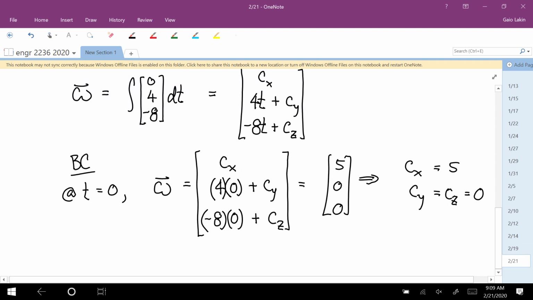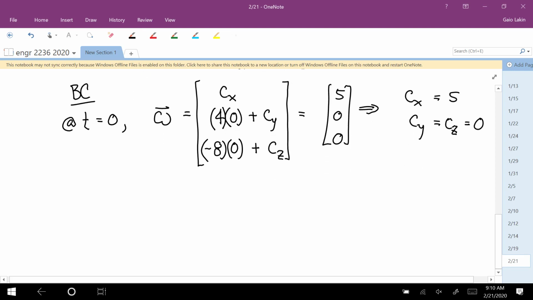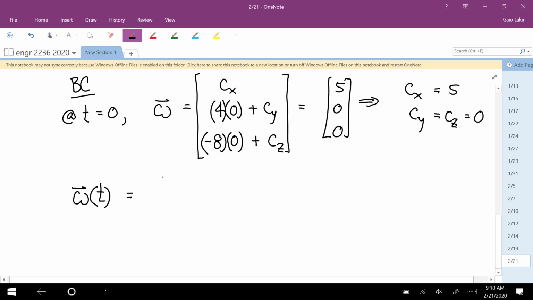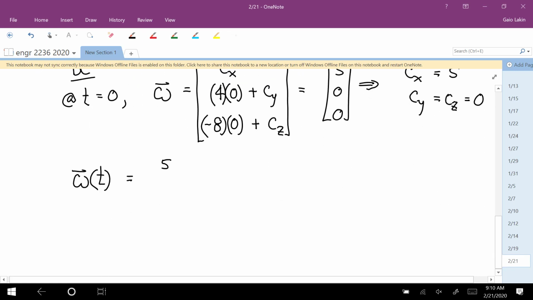Now we can plug that back in, and this is our angular velocity as a function of time: 5, 4t, negative 8t. Any questions about that?